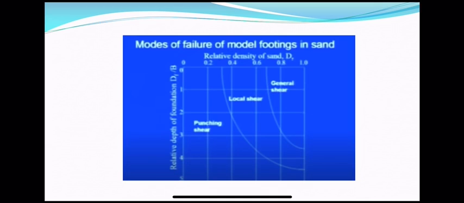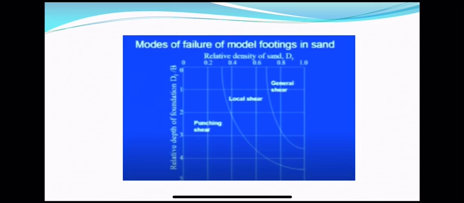For example, let us say your depth to width ratio is equal to 1, and corresponding to that is the point below, there will be a local shear failure, and other will be general shear failure, depending on the relative density of the sand.